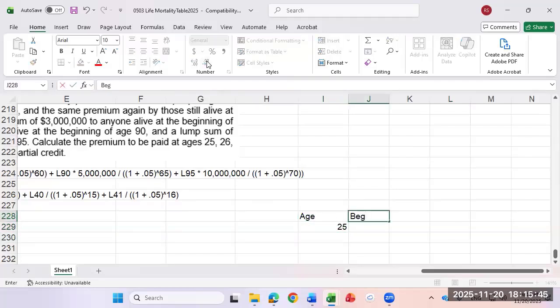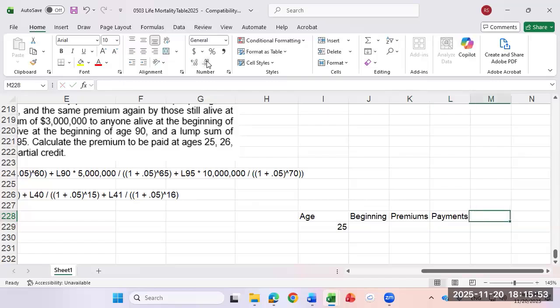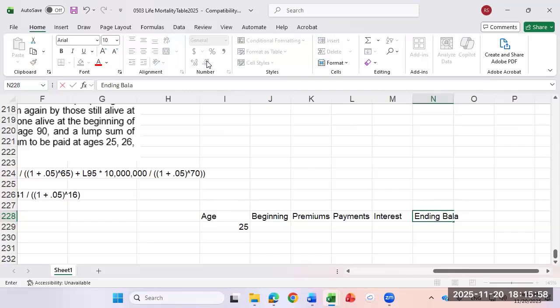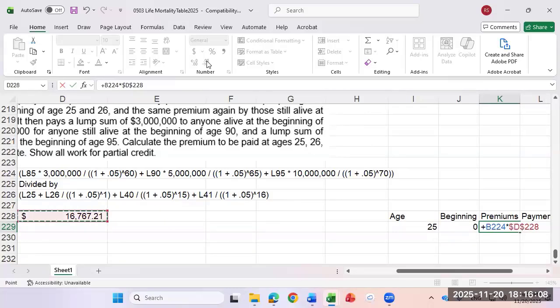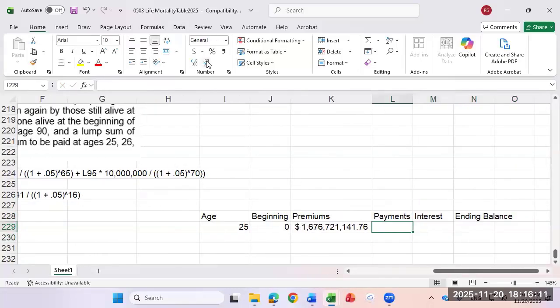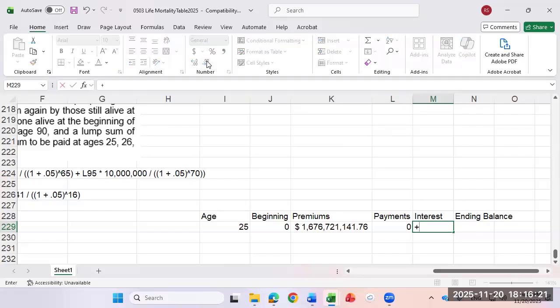We'll do our beginning balance, any premiums, payments, interest, ending balance. All right, so our beginning balance is 0. We're going to receive premiums of L25 times 16,000. It's going to be a huge premium. We're not going to pay anything out. Interest, remember, is paid on what you have, and you get the premium at the beginning of the year, so you will earn interest on this.